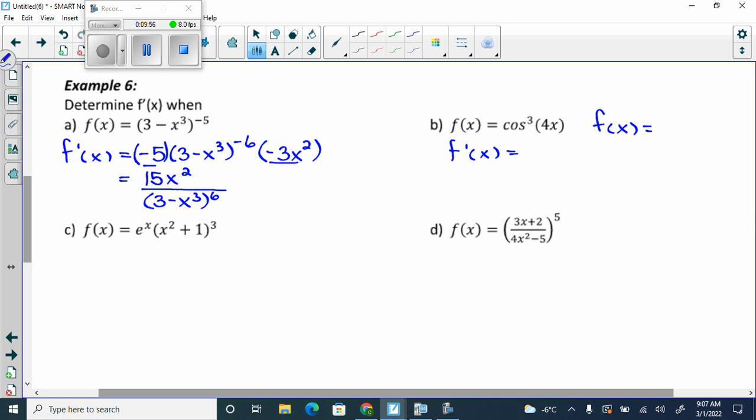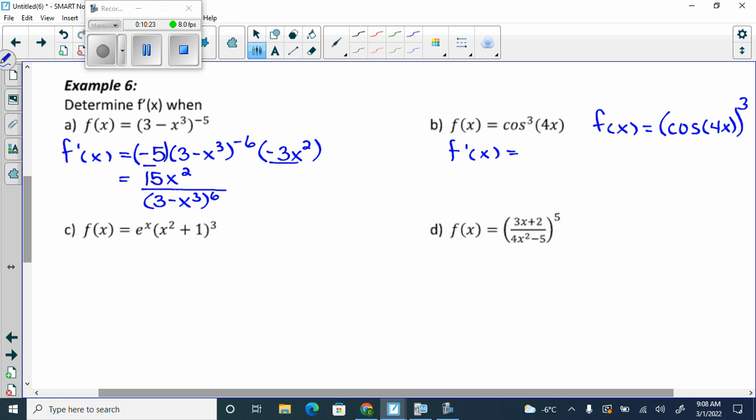And the reason why they put the 3 in the middle is if they put the 3 at the back without brackets, it's actually just on the 4x, right? Like if the 3 was here without brackets, that would mean that the 4x would be cubed, not the whole thing, correct? So instead of doing the brackets, they write it like this. But in order to do the actual derivative of this, we have to write it like this. Cos 4x cubed.